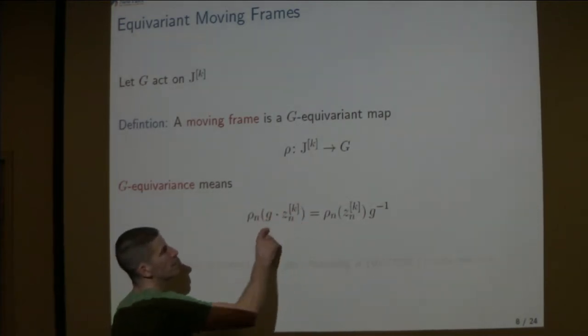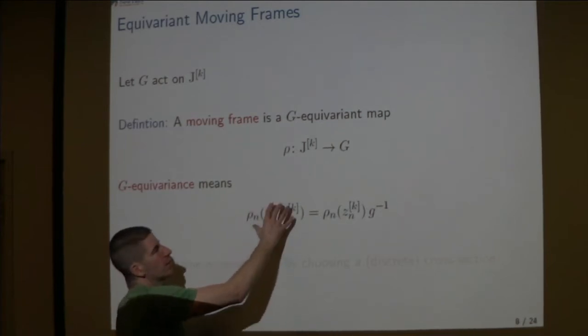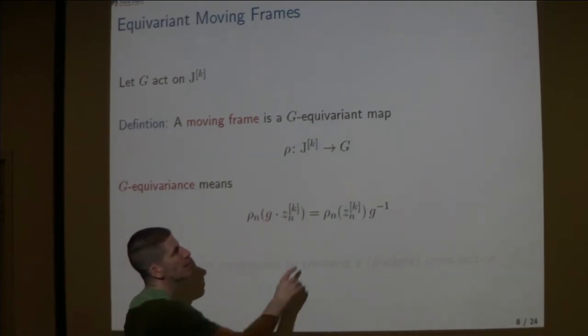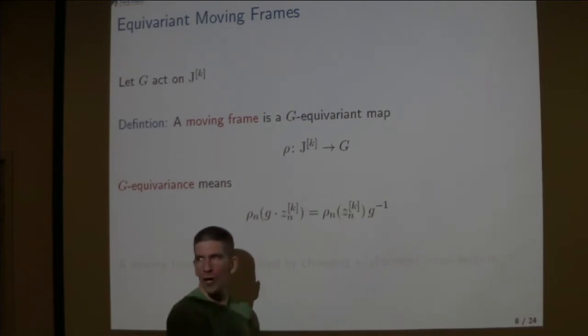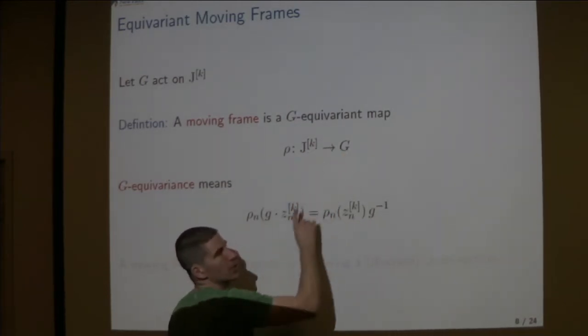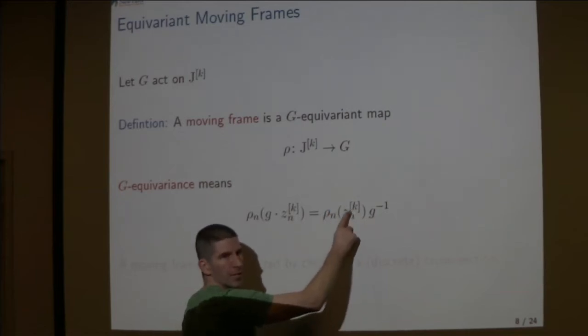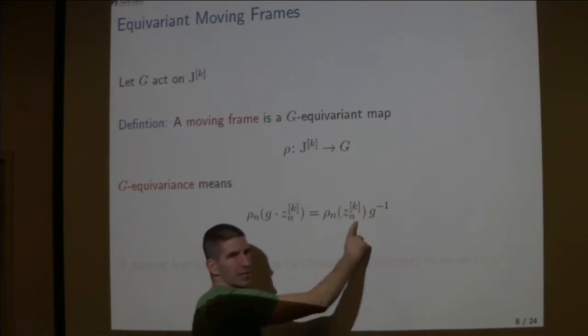Inside these parentheses, this is the group action: g acts on points. And on the right-hand side, this is the group product, because rho is a map from the discrete jet space into the group. So rho of this is a group element, and g inverse is a group element, so that product is inside the group.